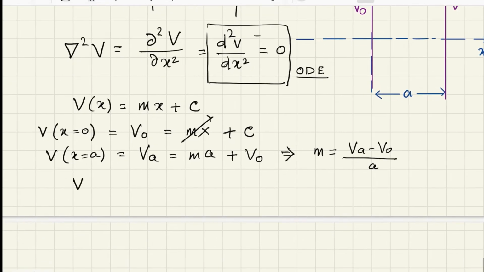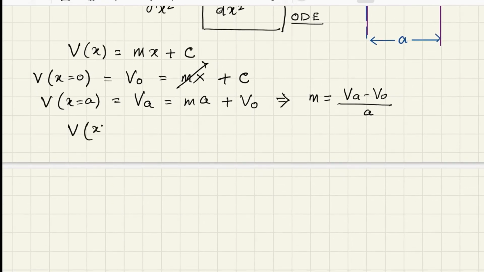So the general solution then is V of x equals (V a minus V naught) by a times x plus V naught.